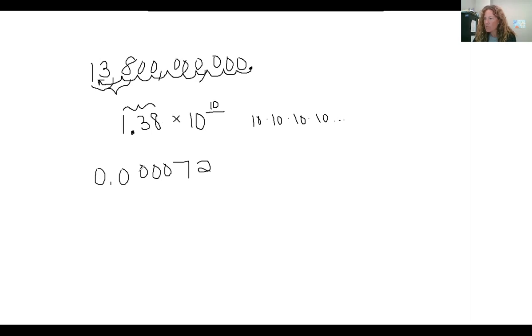So what is the first digit I encounter here that isn't 0? It's a 7. So I'm going to write 7.2. I don't have any other numbers, so I'm just going to have a single digit right here this time. 7.2. Always I have times 10 to the something.